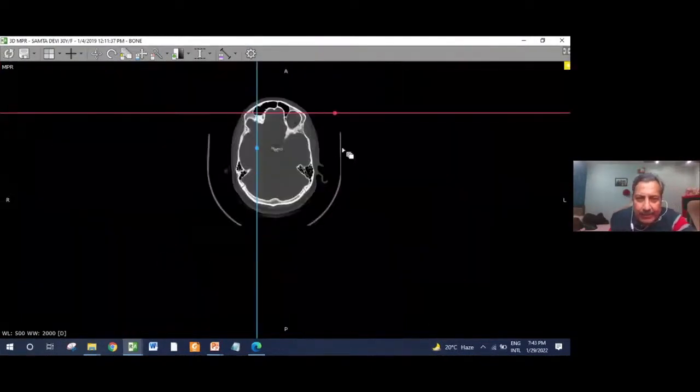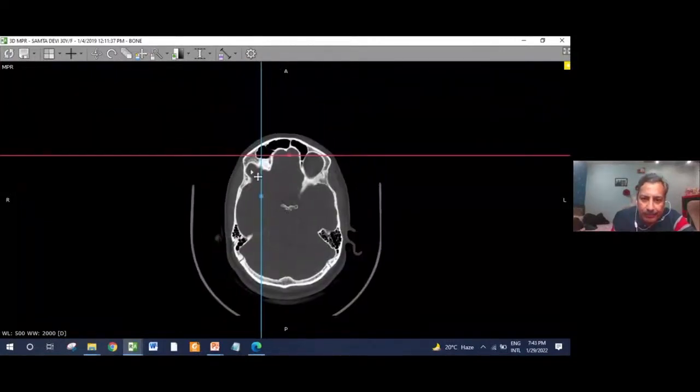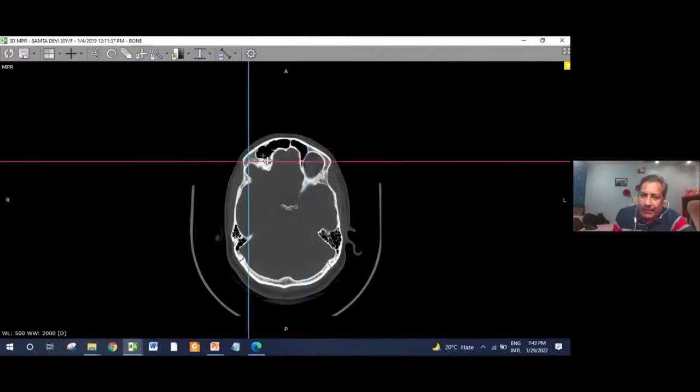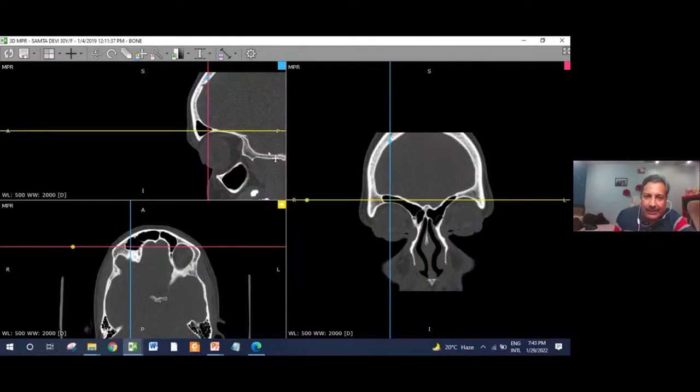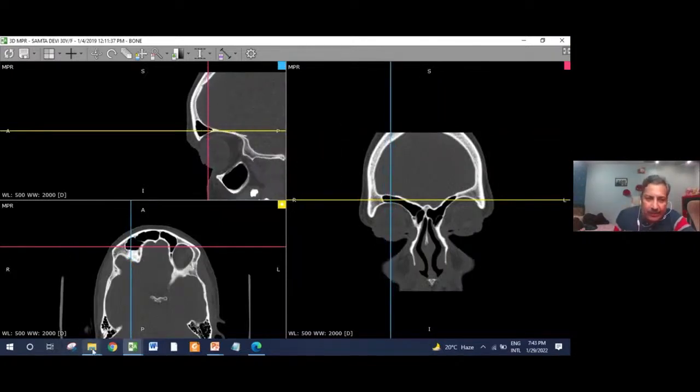Now see again, the same thing I am bringing here. See this cell. This is supraorbital cell and this is frontal sinus. The supraorbital cell is behind the frontal sinus. We have seen it runs behind the plane of the frontal sinus. That is supraorbital cell. So supraorbital cell is always behind the plane of the frontal sinus.